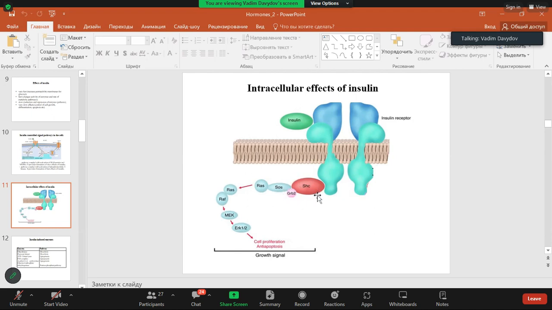That cytoplasmic protein serves as an adapter protein of that hormone. The protein SHC immediately binds with the phosphorylated beta subunits of the insulin receptor. After that association, SHC binds with other proteins such as GRB-SOS.